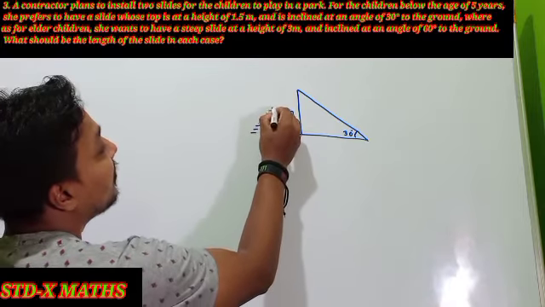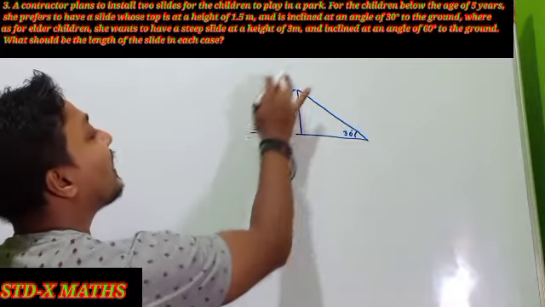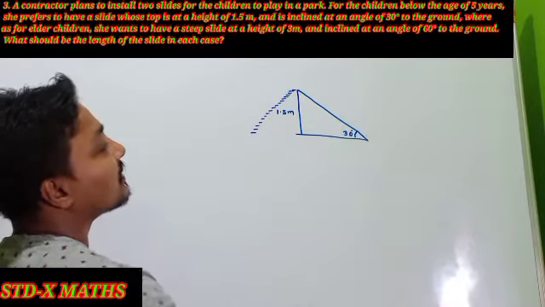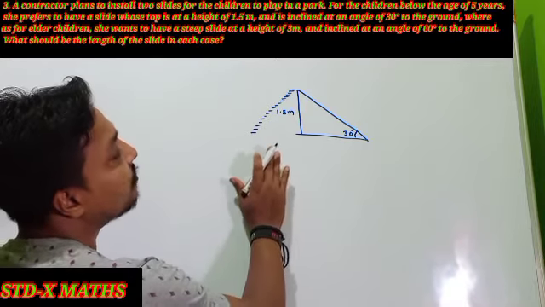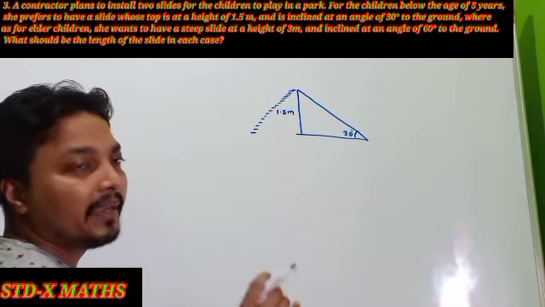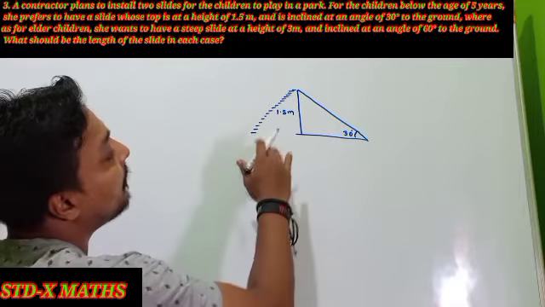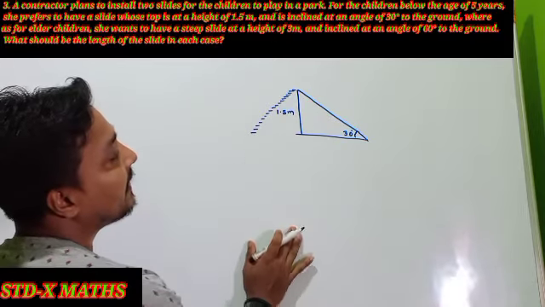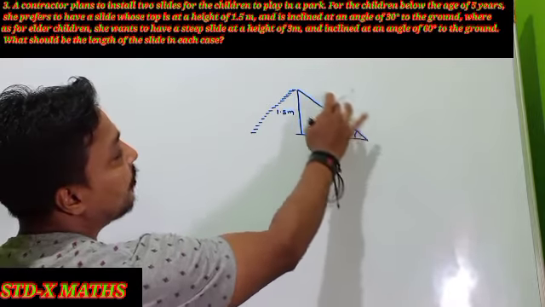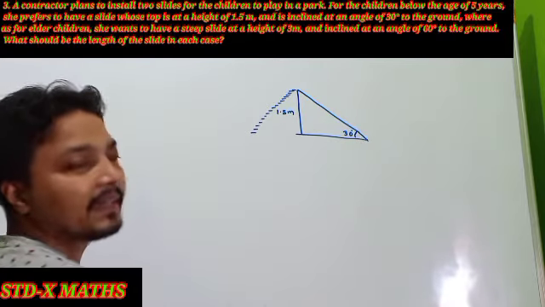On one side the children have to climb, then on the other side they slide. So this is the slide made for children below 5 years of age, with height 1.5 meter and angle 30 degree with the ground.